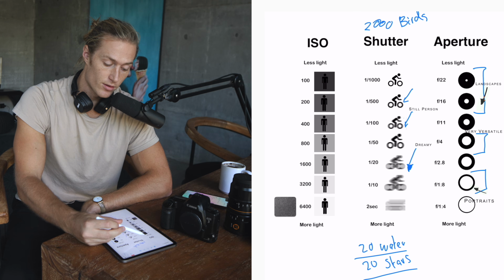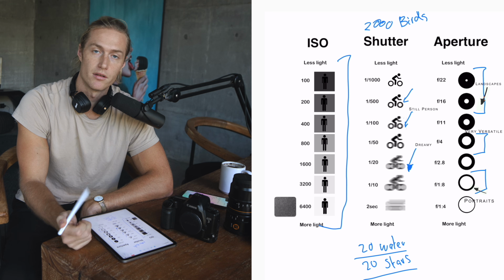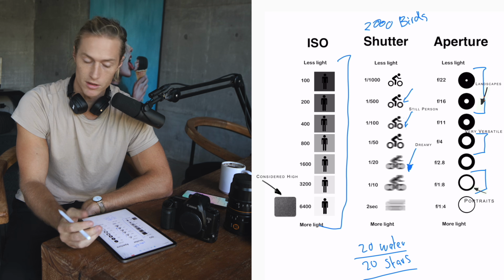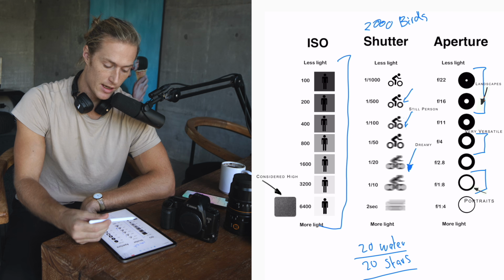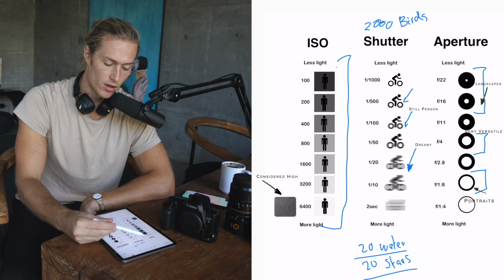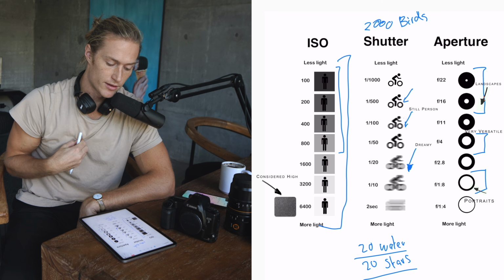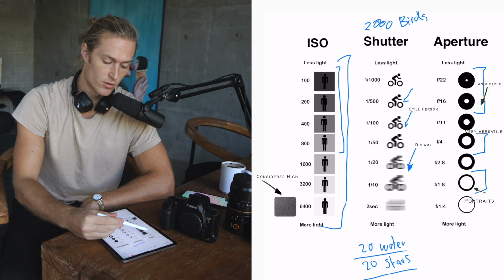And then ISO is really dependent on the environment, how much light there is, the quality of your camera. But during the day, people usually don't have to worry much about the ISO. It's usually around 800 to 100.